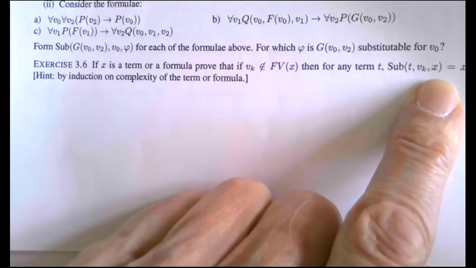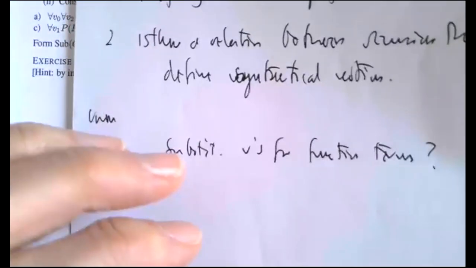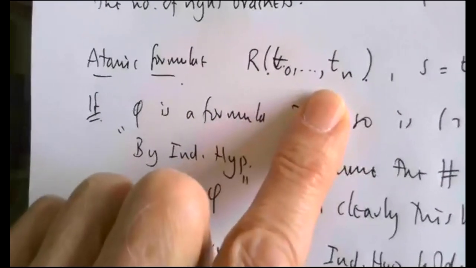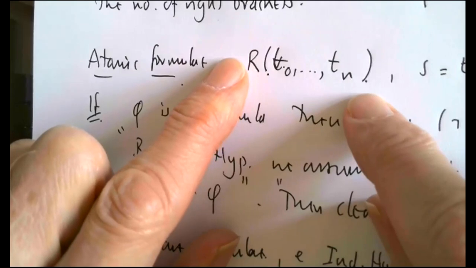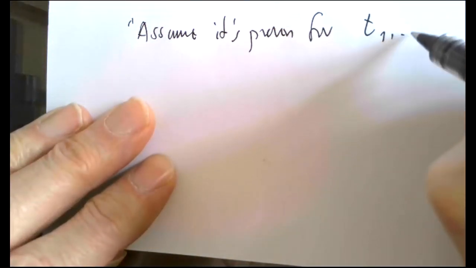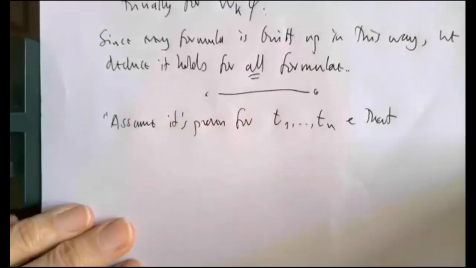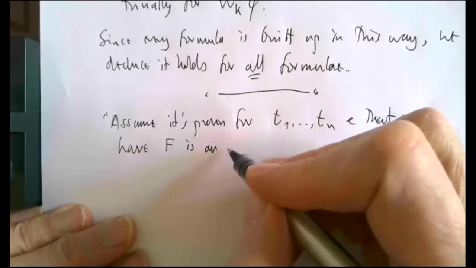You could say of a certain complexity k, but you could just say, let's assume that it's proven for terms t1 up to tn, and that f is an n-ary function.